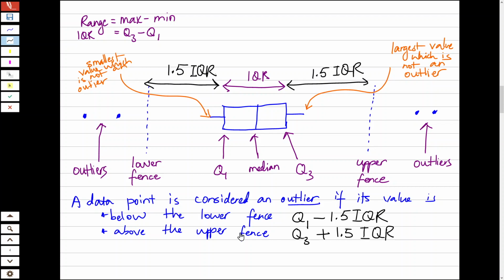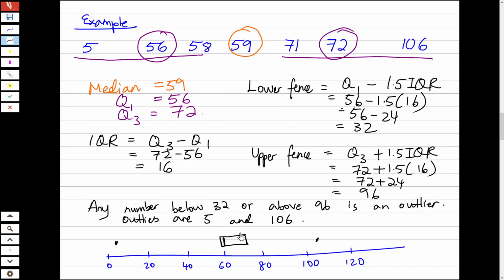And over here, I'm looking for the smallest value below Q1 that is not an outlier. And I don't have any such values, because as soon as I go from the quartile, I'm already at the outlier. So to do this example better, what I should have done is use a few more data points.